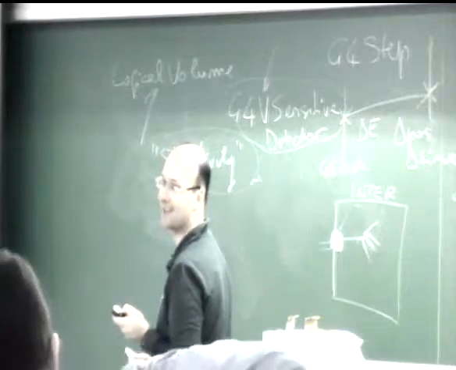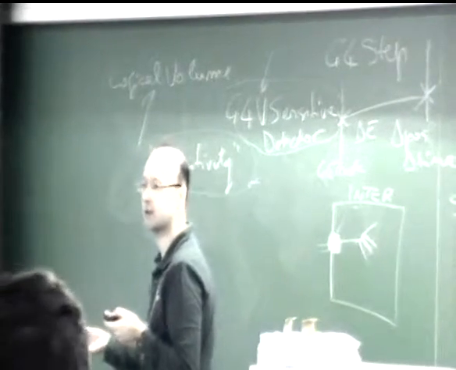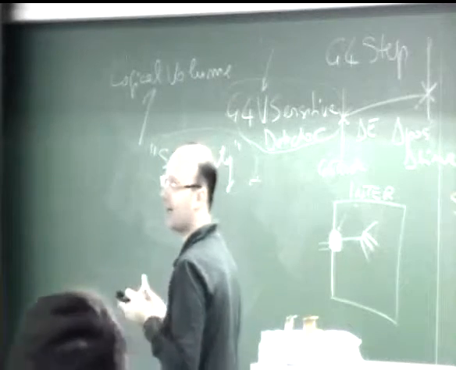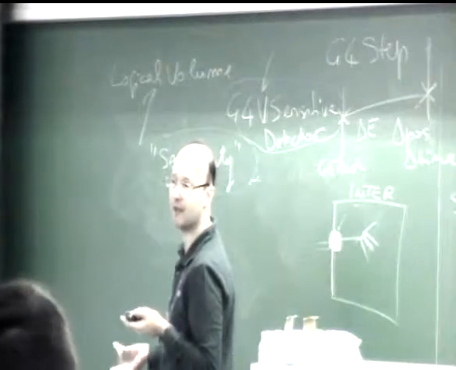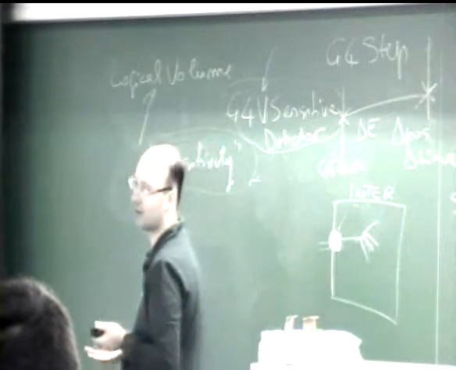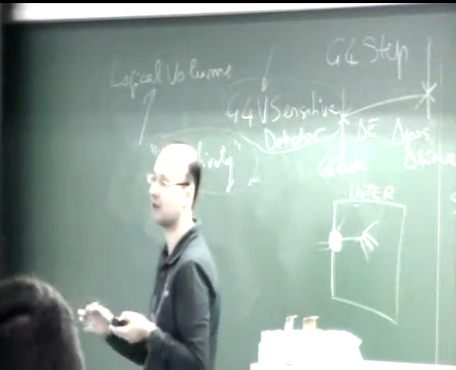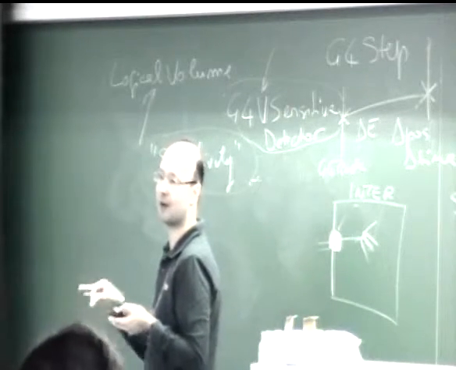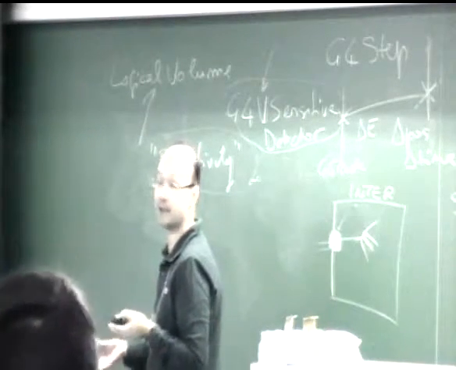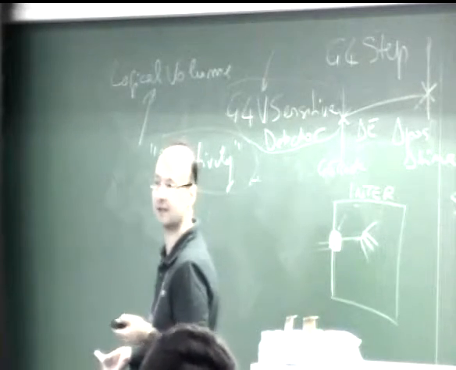Sensitivity may mean a lot of things. Sensitive to what? To position, to energy. So the kind of sensitivity is something that GEANT4 cannot know by itself. It's up to you to define that it is, I don't know, a tracker, so it's sensitive to position, or it is a calorimeter, so it's sensitive to energy. The specific quantity that you want is something that you have to define.